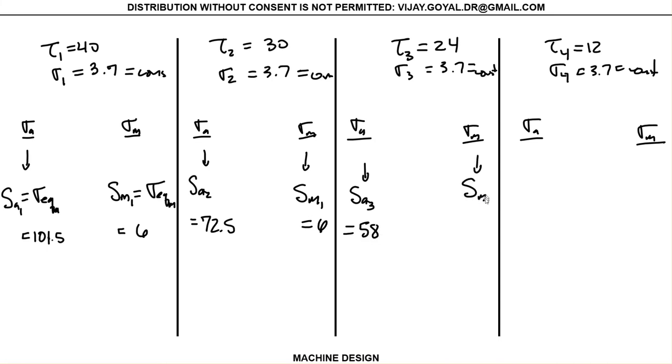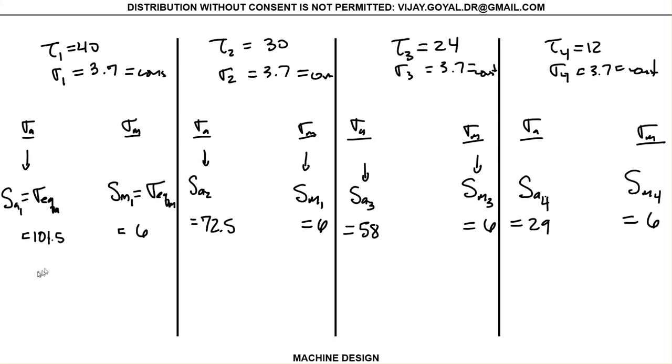Your von Mises in mean gives you 6. Your alternating von Mises gives you 29, and your mean, you get a value of 6.